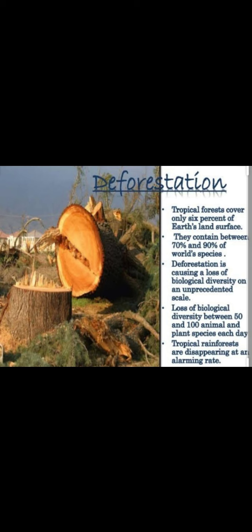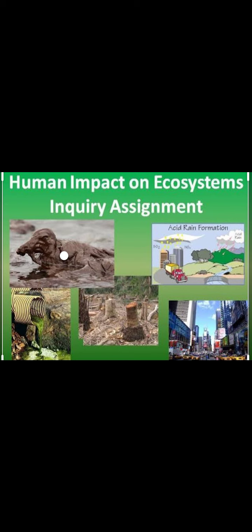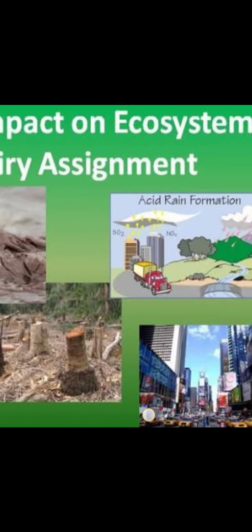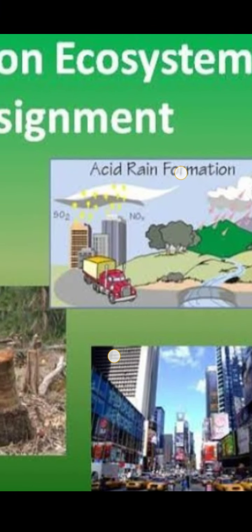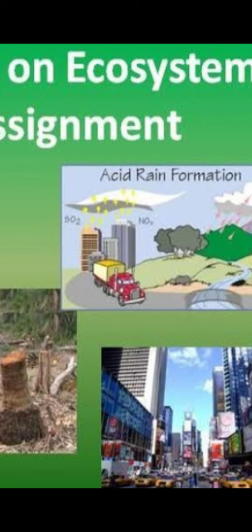Then we do deforestation, and that is also a cause of environmental damage. Then you can look at human activities in city areas: even when there is rainfall, it would be acid rainfall formation.